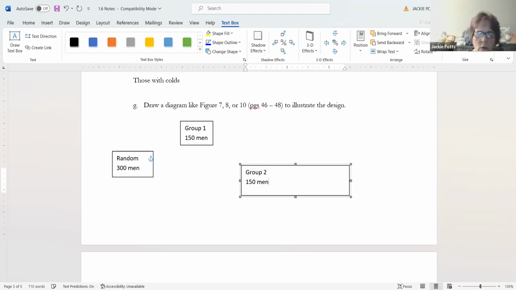And guess what? They're made up of 150 men.